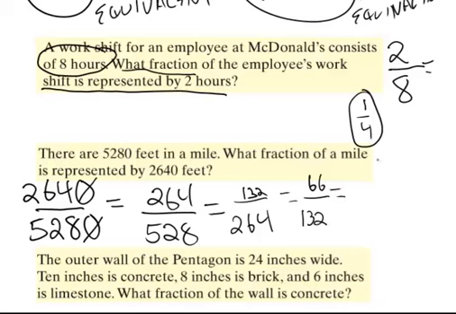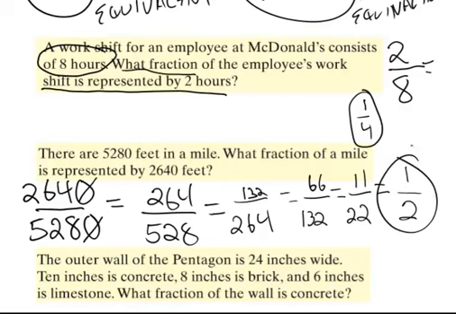So I can keep reducing these out. And if I keep reducing them out and keep dividing, I can go by 6. That's going to give me 11. 132 divided by 6 is going to give me 22. And 11 goes in 11 once, and 11 goes in 22 2 times, and there's my fraction, 1/2.